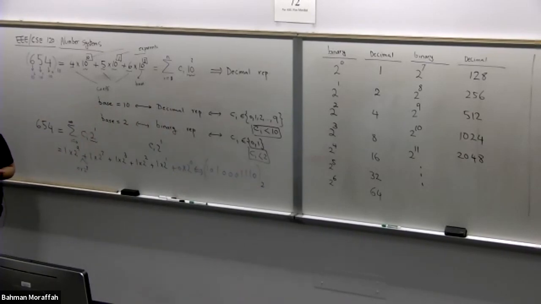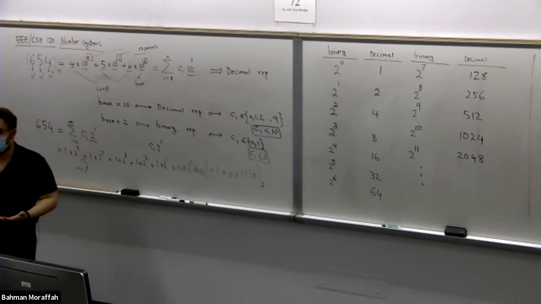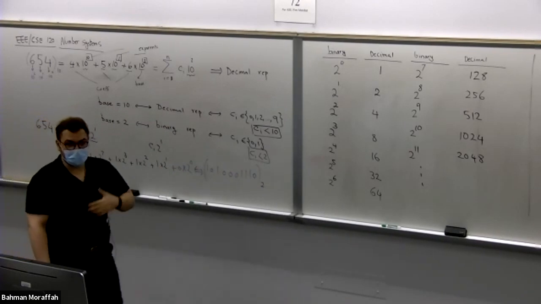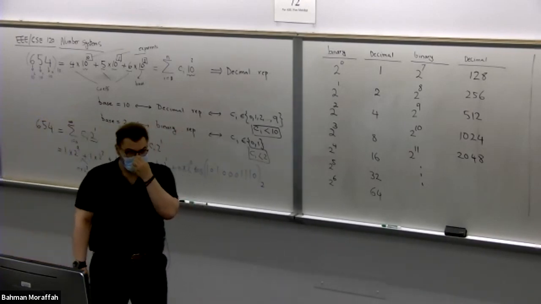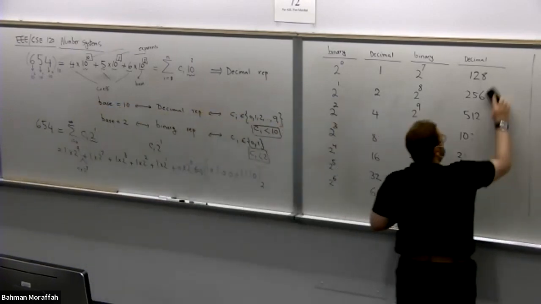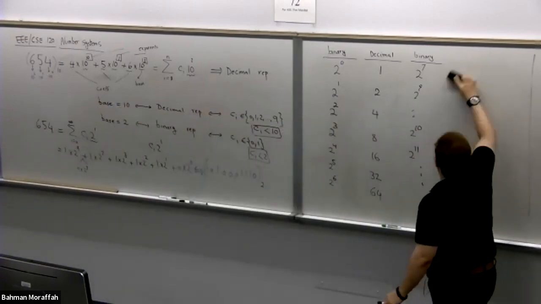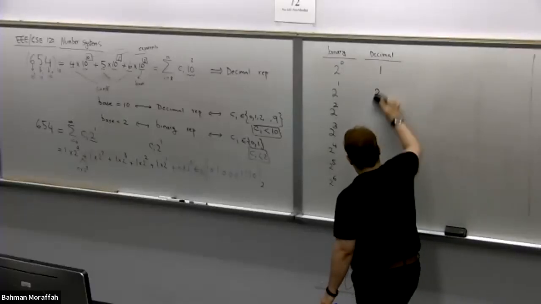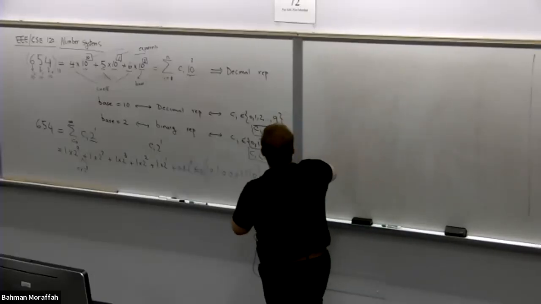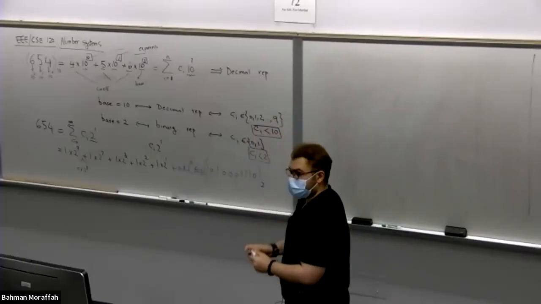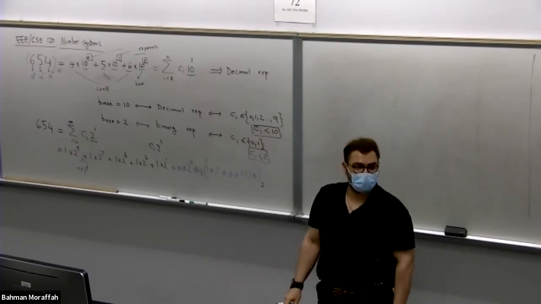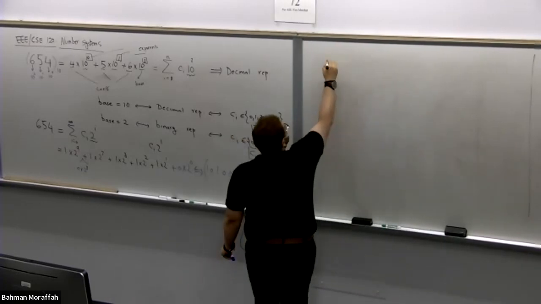Again, in this class, we care about binary numbers, so the bases we're going to look at should be powers of 2. What we're going to focus on in this class is just base 8, which is 2 to the power of 3, and base 16, which is 2 to the power of 4. So other bases.